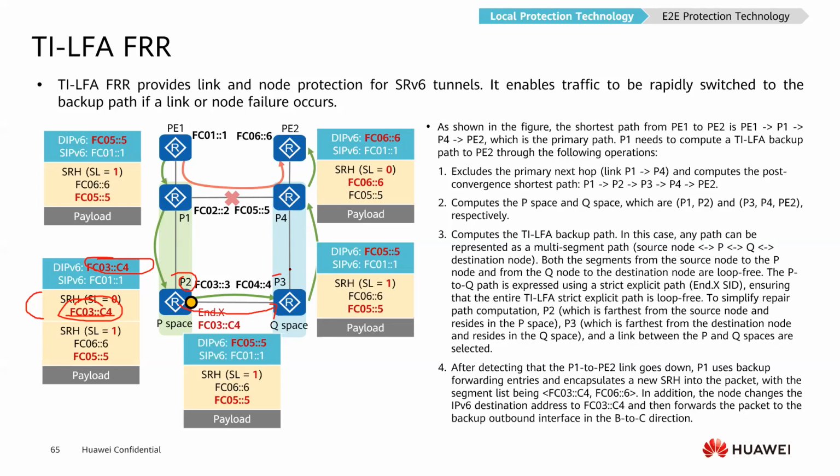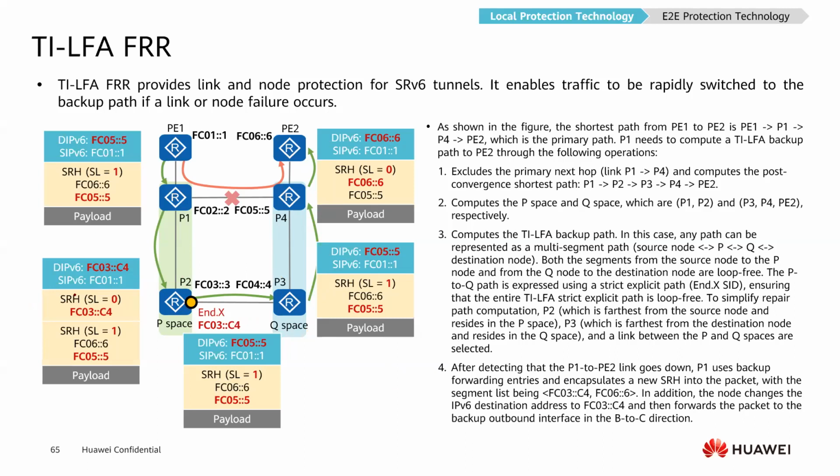So P3 receives this packet, and since P3 is in Q space, in Q space means from this point to the destination there will be no loop, right? So the device will send the packet on to the destination. So this is how TI-LFA FRR works.